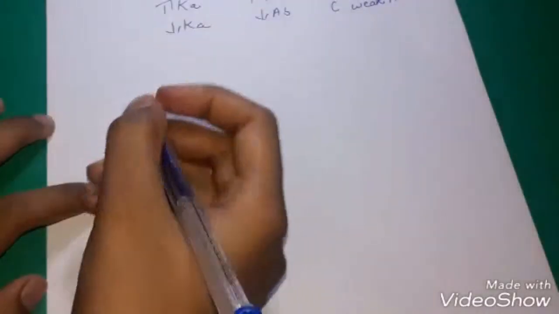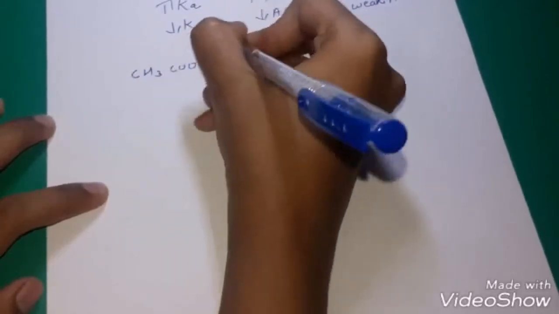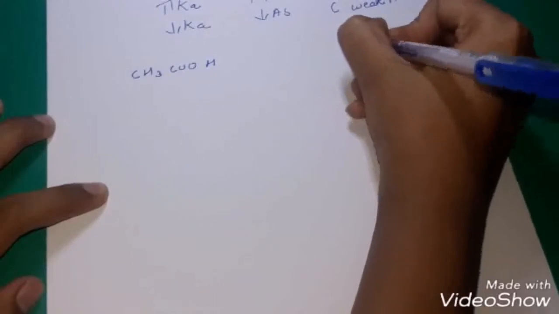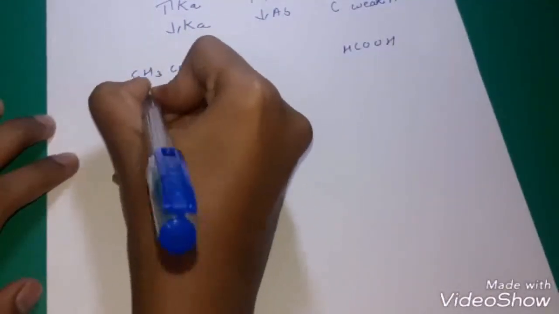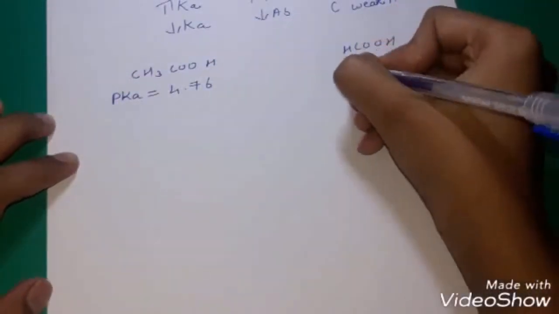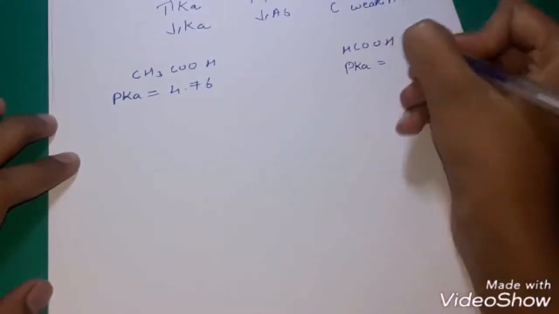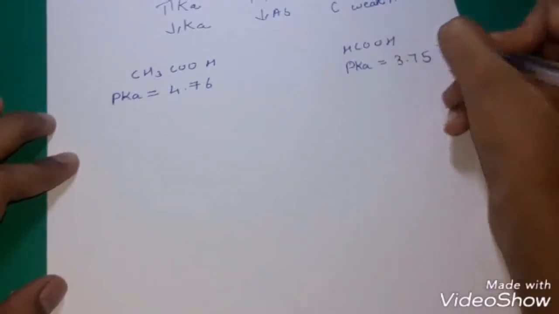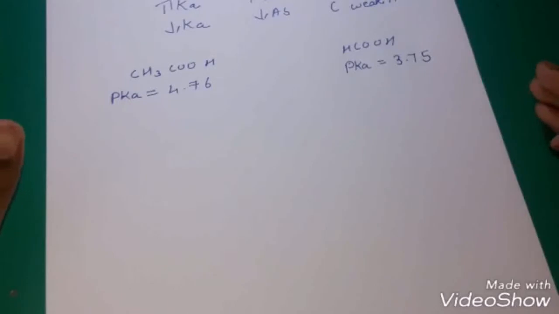So for example, there are two acids. One is acetic acid and another one is formic acid. If they have given you the pKa value for acetic acid is 4.76 and pKa for formic acid is 3.75, you have to see which one is the strong acid.